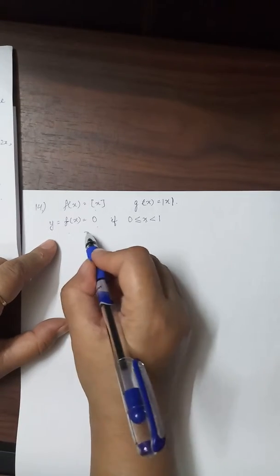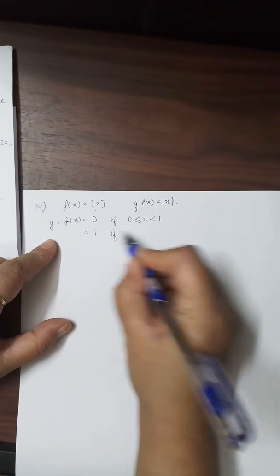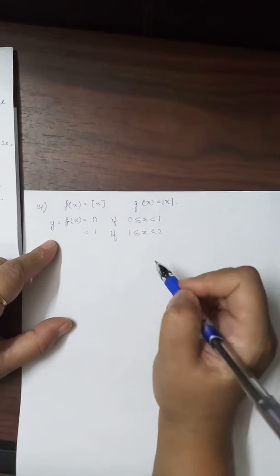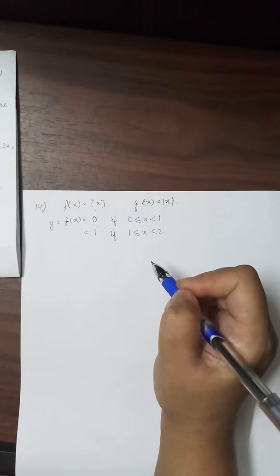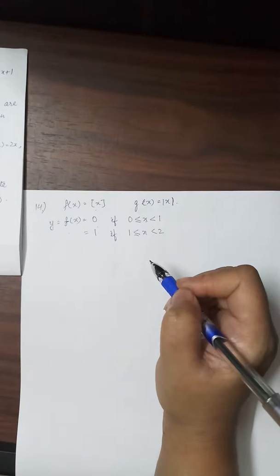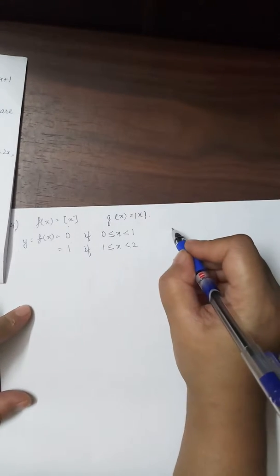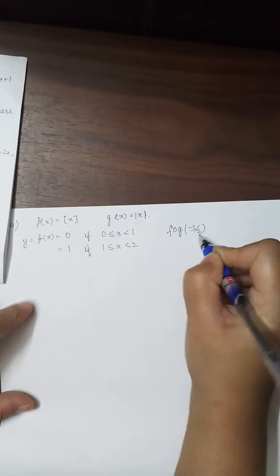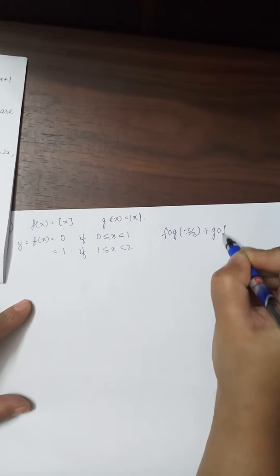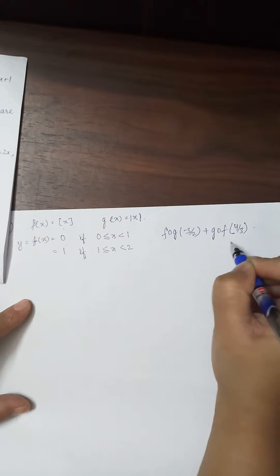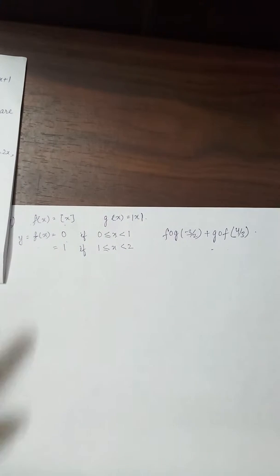Similarly, it will be 1 if x lies between 1 and 2. Now you have to find the value of f o g of minus 3 by 2 plus g o f of 4 by 3.